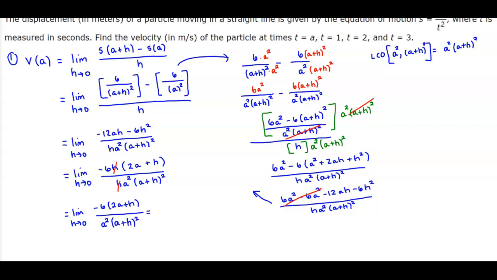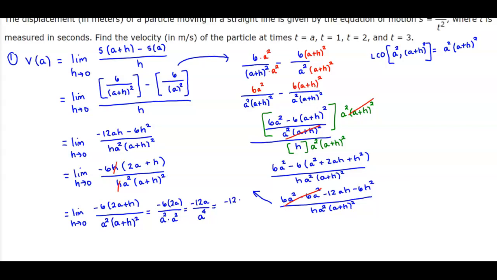Now let's evaluate the limit. If we plug in 0 for h, in the numerator we have negative 6 times 2a, since h is 0. And in the denominator we're going to have a squared times a squared, since h is 0. So that's going to give us negative 12a over a to the 4th. But then we can simplify one of the a's.